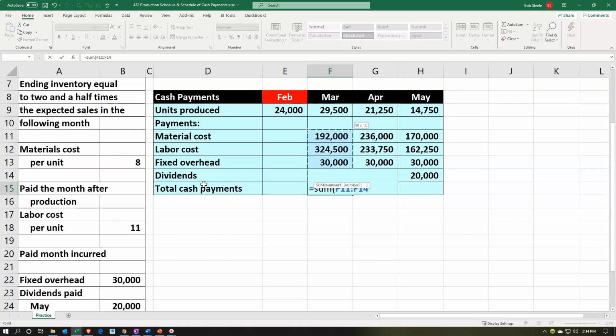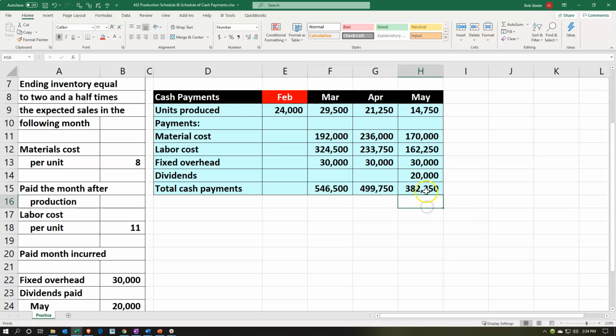Even though one is blank, it'll come up with the same number, but adding 4 cells will allow us to autofill it across, putting our cursor on the fill handle, dragging across. Now, of course, this last item will pick up the 20,000, where it would not have done so if we only selected 3 cells. Get in the practice of doing that, as good practice in setting up your Excel worksheets.